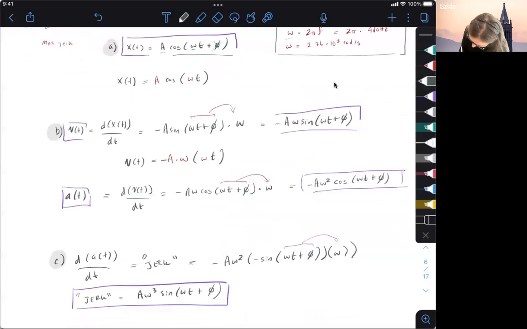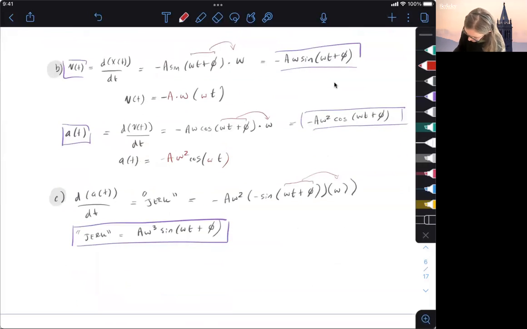So then I have a of t, and then I plug in this negative A times W squared, and then I have cosine of W t, W times t, right? And then same thing over here, right? I'm just going to plug in what I have.